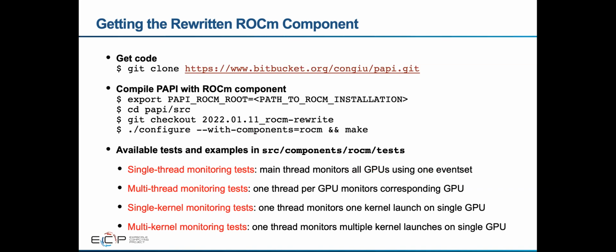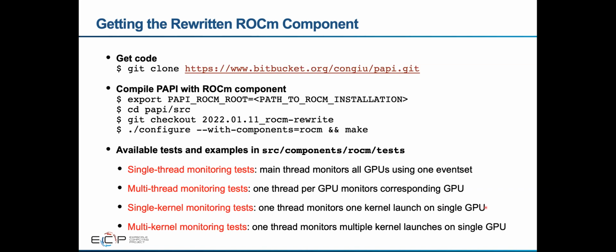There is also a set of multi-thread monitoring tests in which each GPU is handled by a separate thread that does its monitoring independently. There is a set of single kernel monitoring tests in which one thread monitors one kernel launch on a single GPU one at a time.